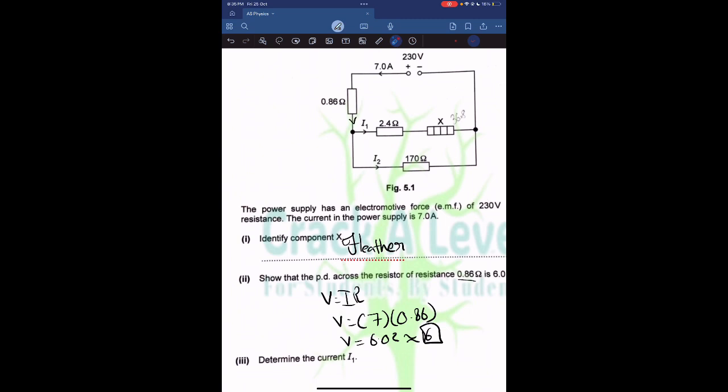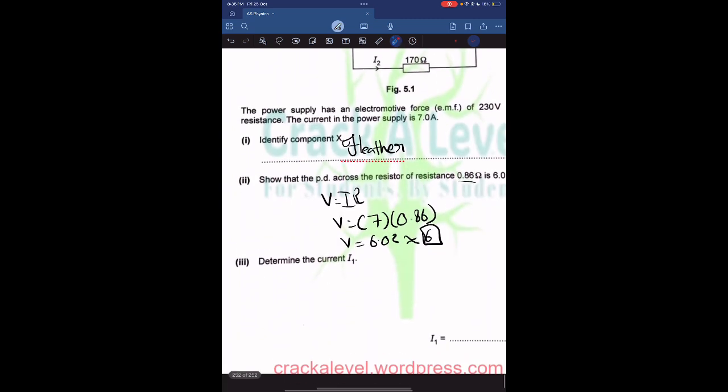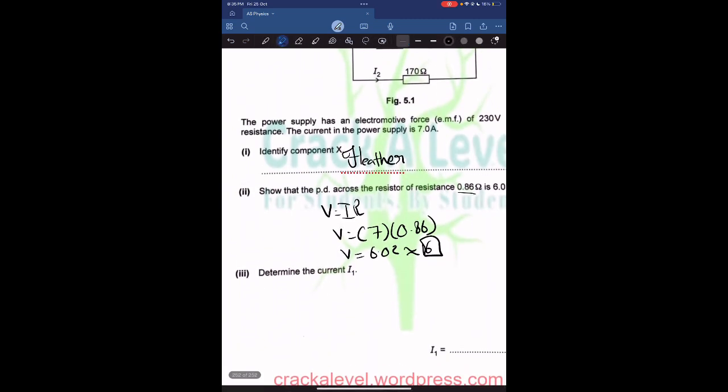Let's look at it. We know the voltage in parallel remains the same. We know its resistance is 170 ohms, so we can essentially find the current I, because we know this is 170 and we know the voltage across it. So let's find I. First we'll find I2.